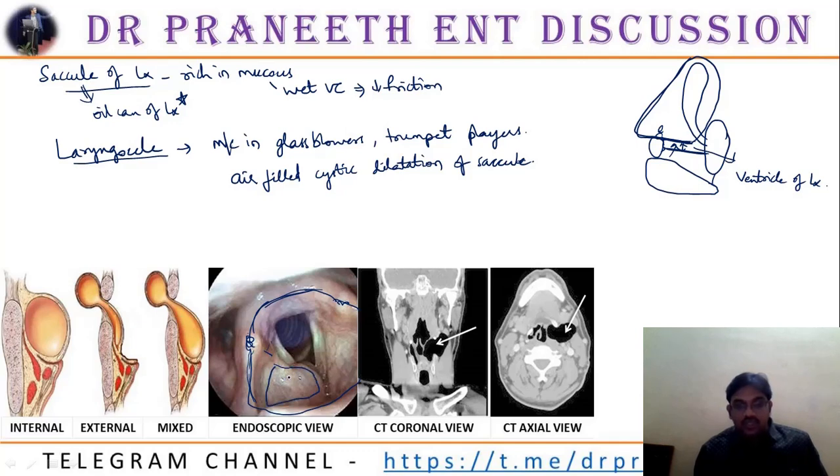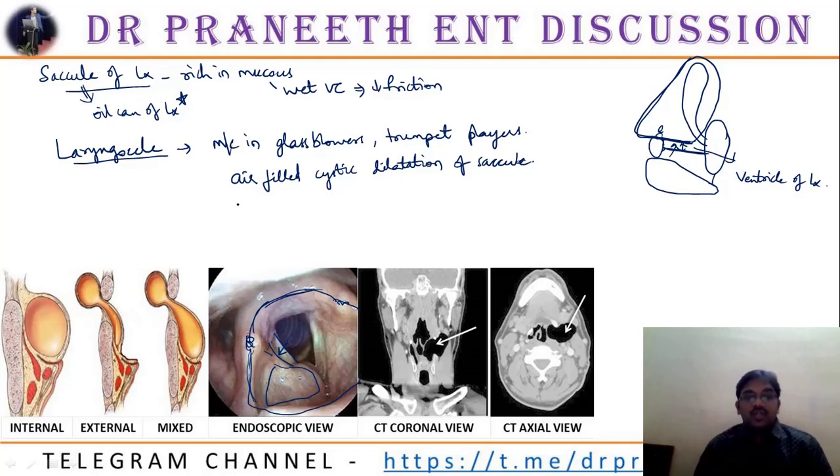This is the false vocal cord, this is the true vocal cord. In between, you can enter upwards. Lateral to this aryepiglottic fold is the saccule of the larynx. There air-filled cystic dilatation will occur, causing the bulging or pushing of this aryepiglottic fold medially into the lumen of the larynx, the supraglottis. So that may sometimes cause airway obstruction.